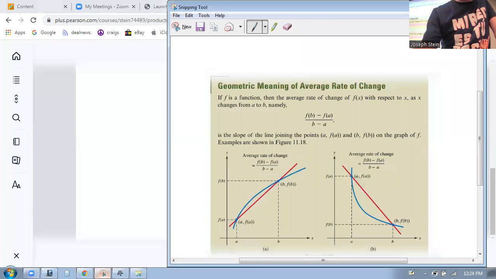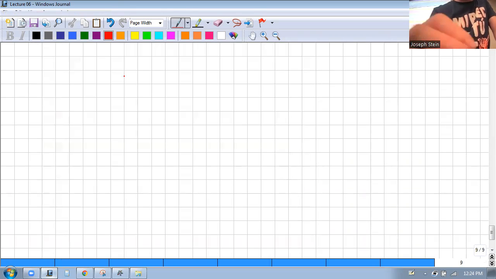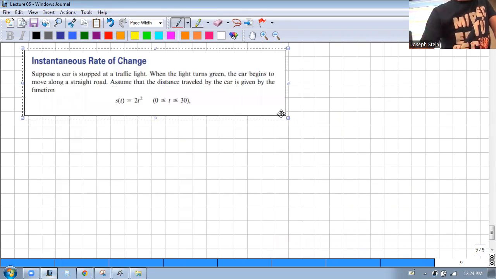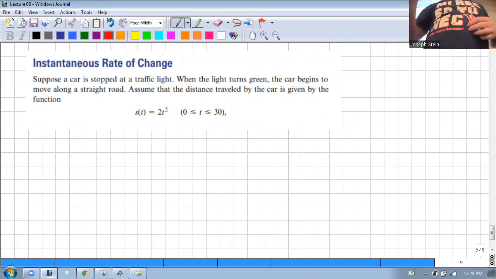All right, so here's another example. Instantaneous rate of change. Remember that example I was telling you about the guy running and you're shooting video of him? Instead of an average rate of change over a time interval, we want to know how fast he's moving at one instant of time. So what we do is we let that time interval get smaller and smaller until it's practically zero.